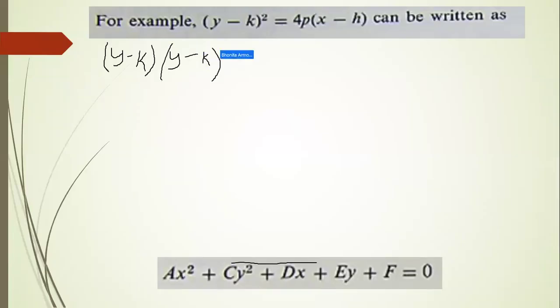And this is equal to, if I use the distributive law to simplify this part here, 4px, and 4p times minus h will give us minus 4ph.